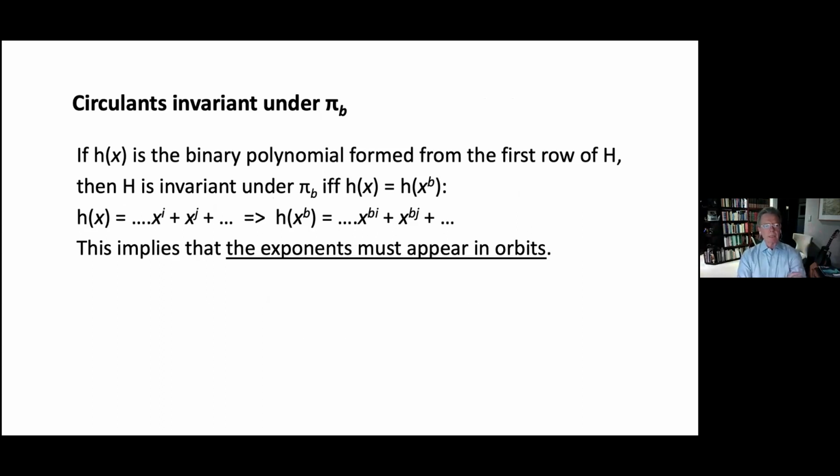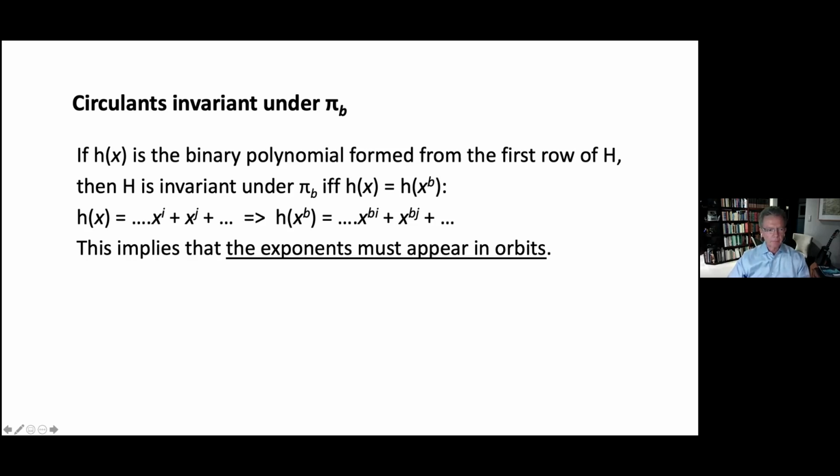Now, how do I recognize a circulant that is invariant? Well, it turns out that if you define a circulant matrix, it's characterized by the polynomial of its first row. And you can check that it is invariant if, in fact, that first row polynomial is invariant under raising to the bth power.